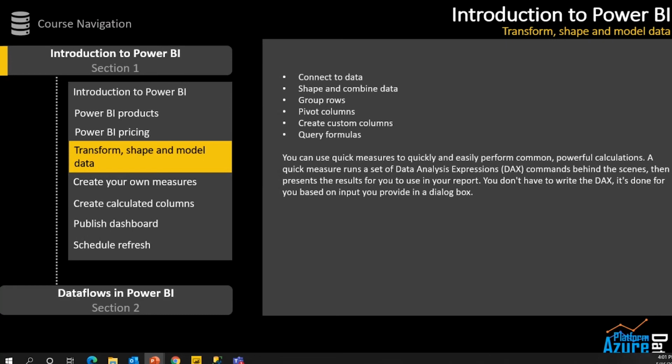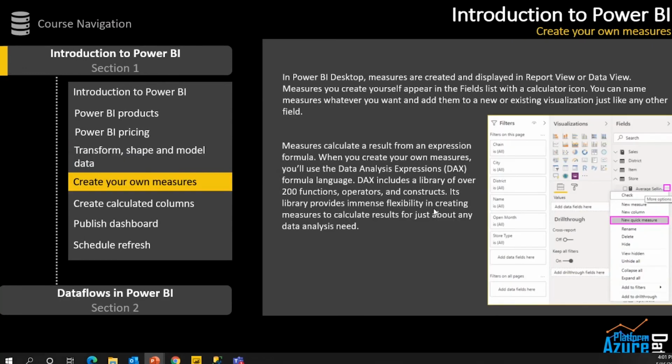So we connected to the data. We tried to shape and combine the data here, grouping of rows, pivot columns and all. I'm not showing you right now because those things will again take a lot of time, but you can definitely play around with that. Create custom column, I just showed you. Then query formulas. This is something that I will show you in a couple of minutes. Okay, let's go to the next slide.